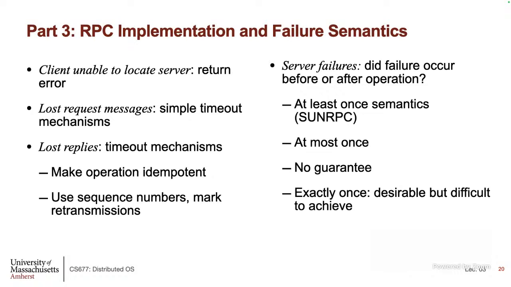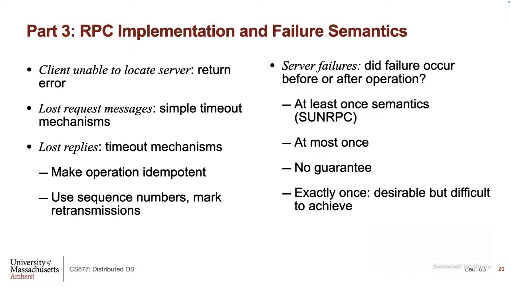It's not like you call a local procedure, the procedure has disappeared. Right? That's not a thing, because when you wrote the code, it wouldn't run if there are missing procedures. But you can have things like this in RPCs. A server is not to be found, so you can't actually invoke the code at all. So your RPC calls might sometimes return with an error, not a valid return value, if you cannot locate the server at all.